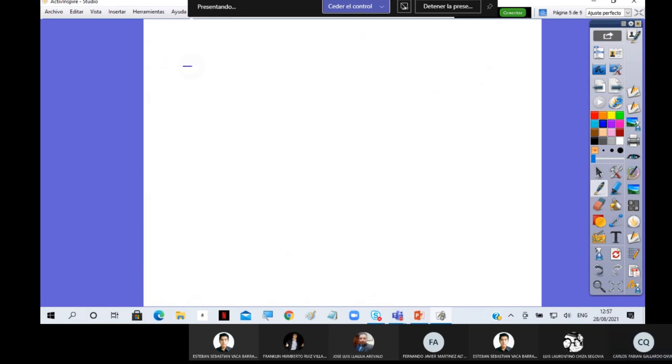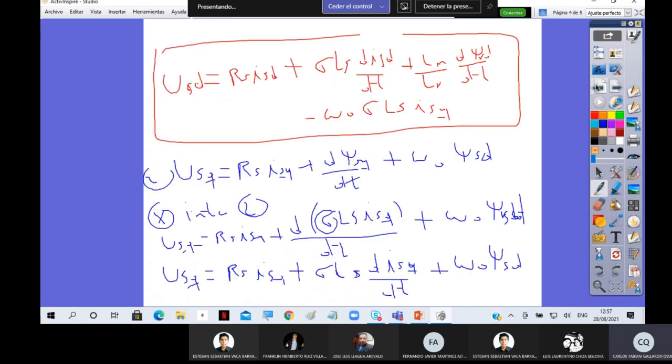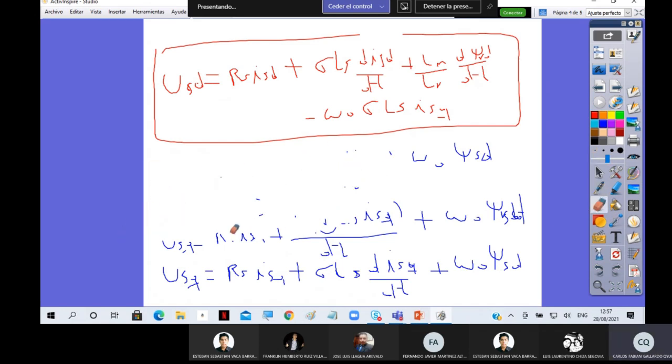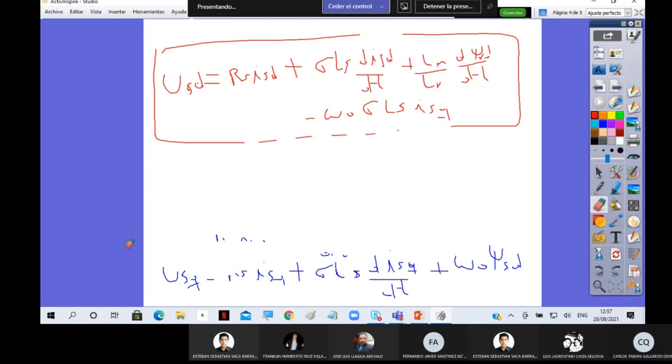So finally substituting the equation into the other equation, okay, I will get the equation for the stator flux in Q-axis, okay. So in order to have the two equations on the same page, okay, so I will clear now. I will have my second equation, okay, so I will get my second equation.